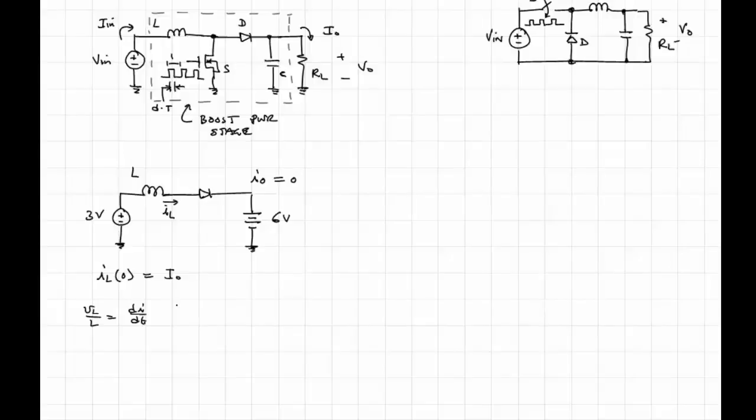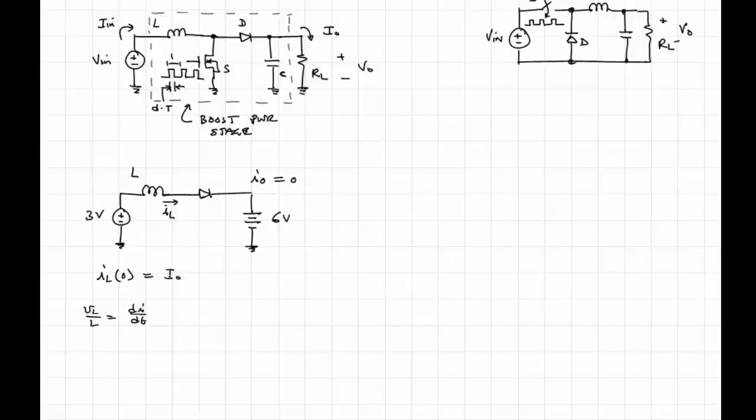It's completely analogous to saying you can't change the velocity of a mass instantaneously unless you had infinite force. Similarly here, we'd have to have infinite voltage. So if there is an initial current in this inductor, then all we can do is affect the rate at which that current increases or decreases.